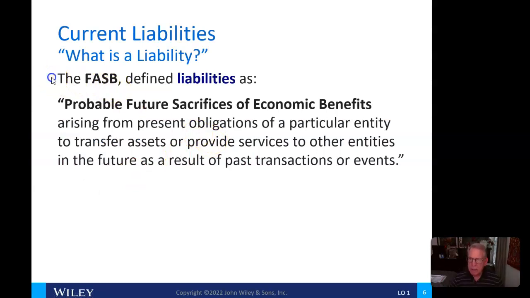The FASB, Financial Accounting Standards Board, has defined liabilities as, a nice academic description here, probable future sacrifices of economic benefits arising from present obligations of a particular entity to transfer assets or provide services to other entities in the future as a result of past transactions or events. I'm sure that clarifies things for everybody.